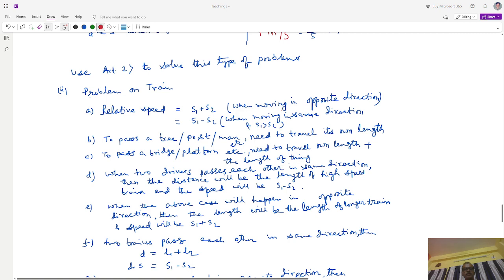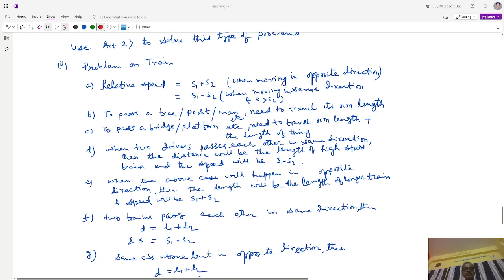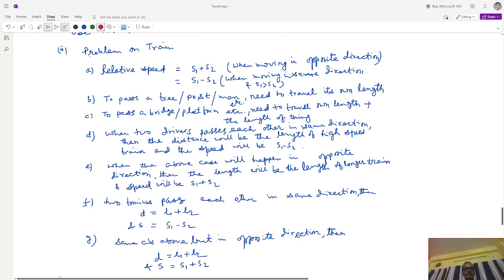When two trains pass each other in the same direction, the distance will be the length of the higher speed train and the speed will be S1 minus S2. When the above case happens in opposite directions, the length will be the length of the larger train and the speed will be S1 plus S2.